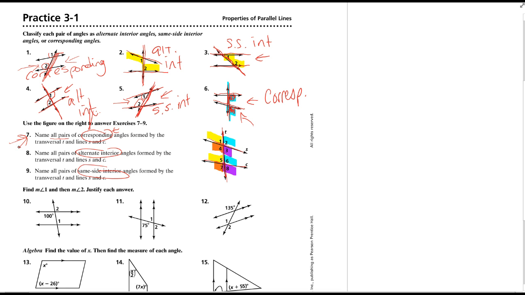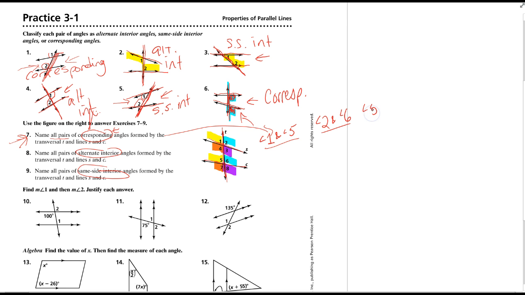So your answer for number 7 should look like this. Angle 1 and angle 5. Notice how I didn't use a plus sign, because that would mean add them up, and that's not what I want to do. I just want to talk about this pair of 1 and 5. Angle 2 and angle 6. That's another pair.